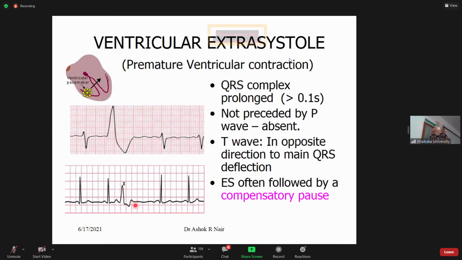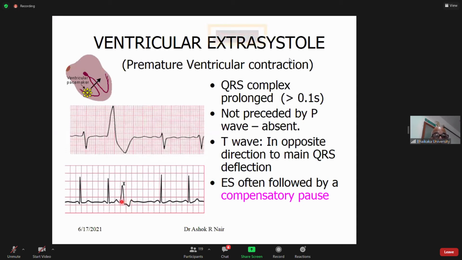Here also you will find the next normal beat is dropped, so there will be a compensatory pause. A single impulse is generated. The QRS duration will be prolonged. The direction of conduction will be altered, so you'll find the QRS complex also might be different. The repolarization will be affected, so T wave inversion will also be seen.